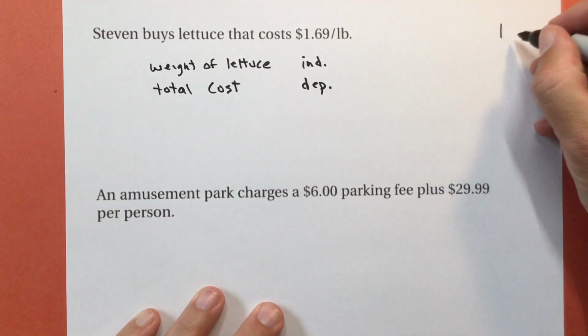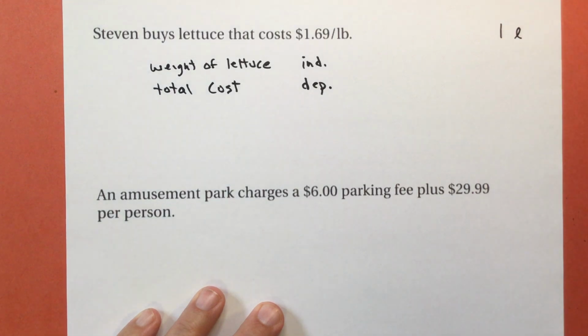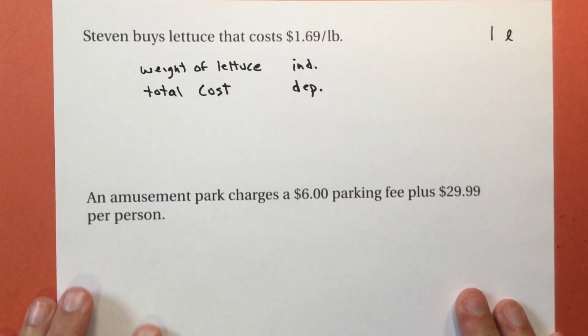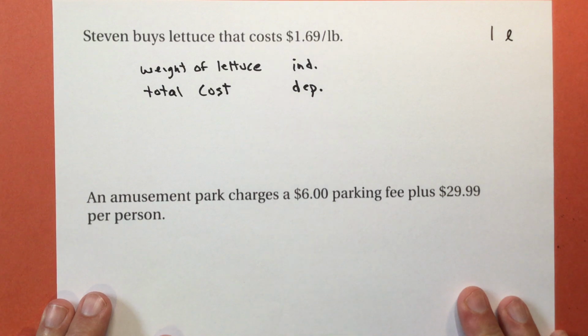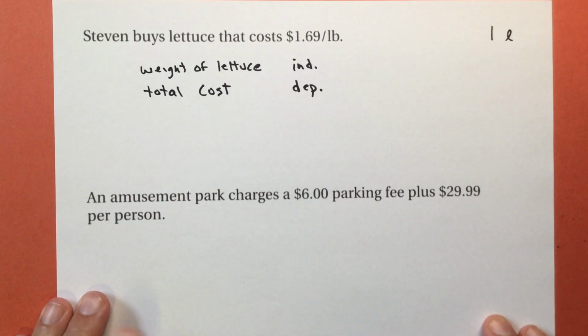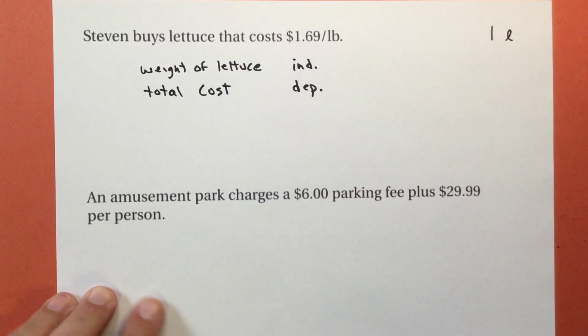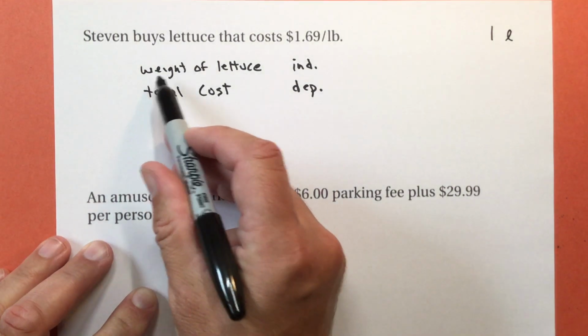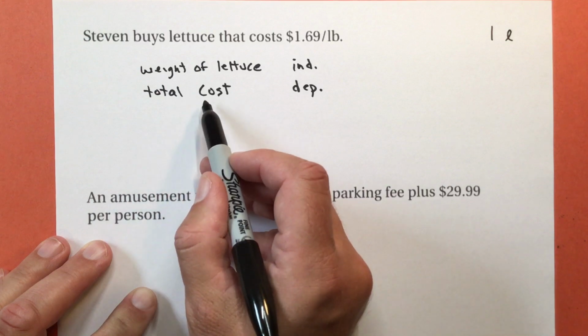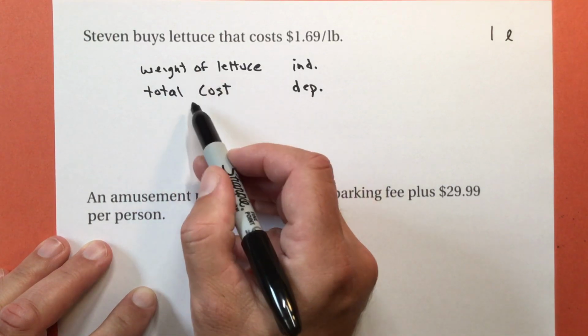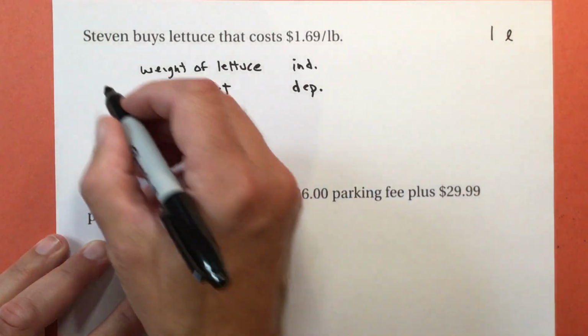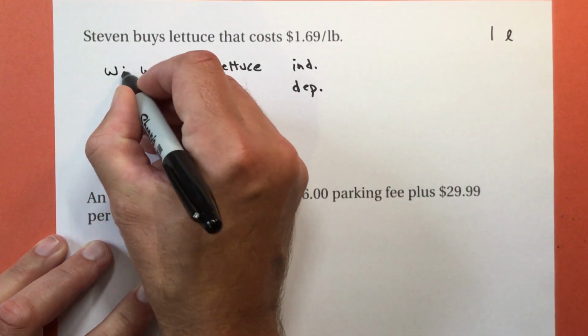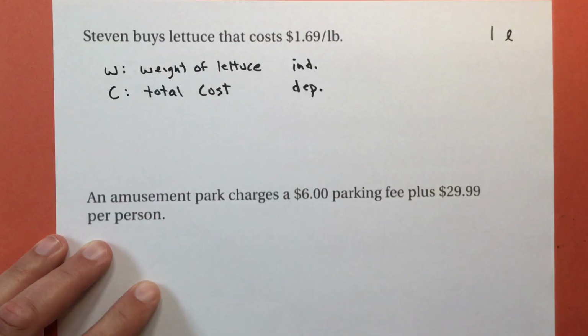Sometimes in geometry we use a cursive L when we talk about length, like in area, length times width. So let's avoid that for right now. We could use W for weight and C for cost. Or we could just use X and Y. You just have to define it. I'm going to use W and C for cost.